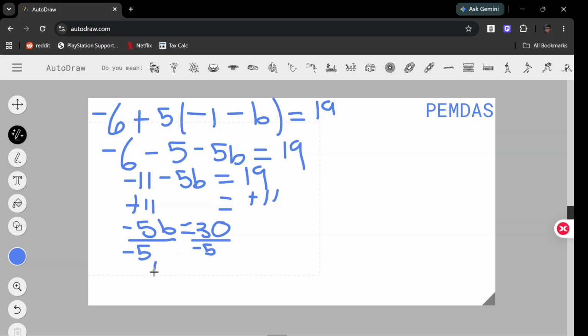Then that gives us b because these cancel out. And 30 over 5 is the same as 30 divided by 5. If we know 5 times 5 is 25, and we add another 5 to get 30, then we know b equals -6. B is negative. Cool.